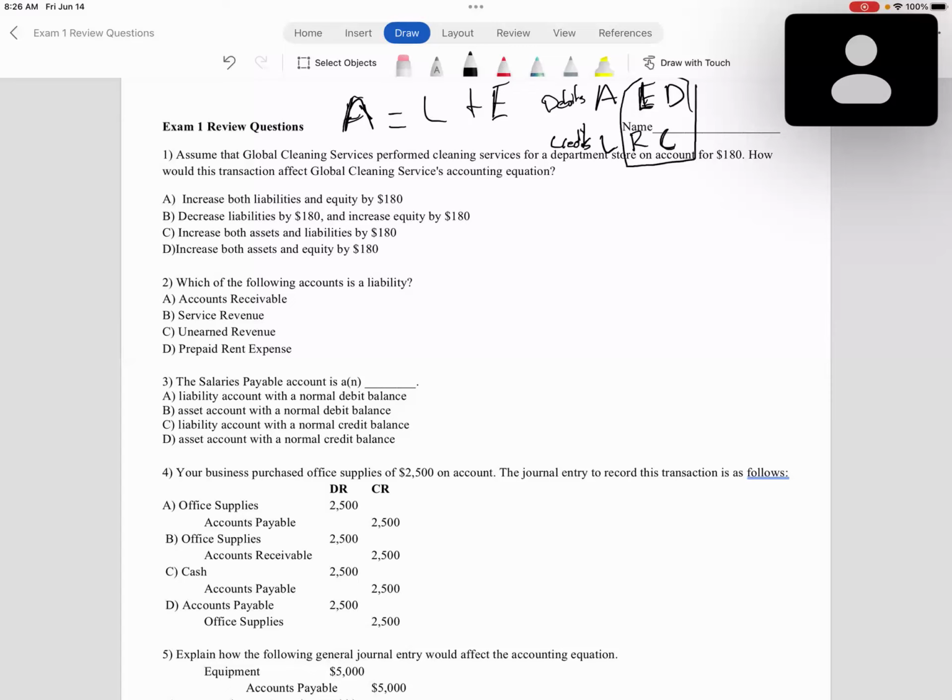Okay, cool. So let's look through this. This company has performed cleaning services for a department store on account for $180. How would this transaction affect Global Cleaning Services' accounting equation? Okay, so we've performed work, right?